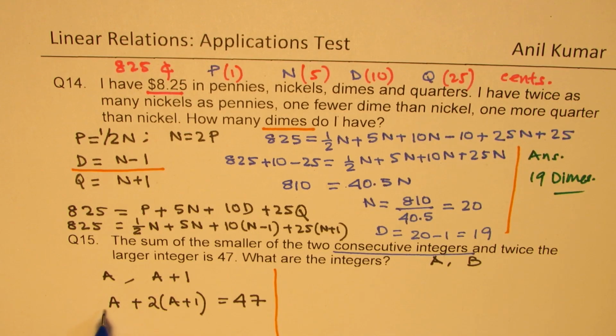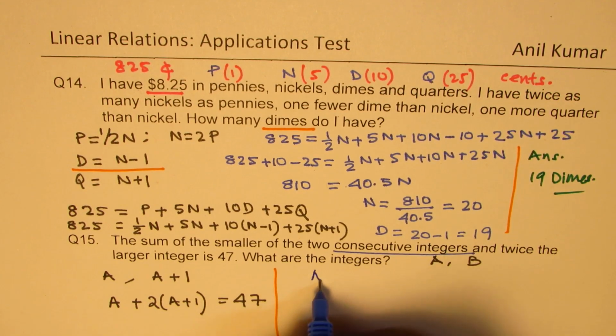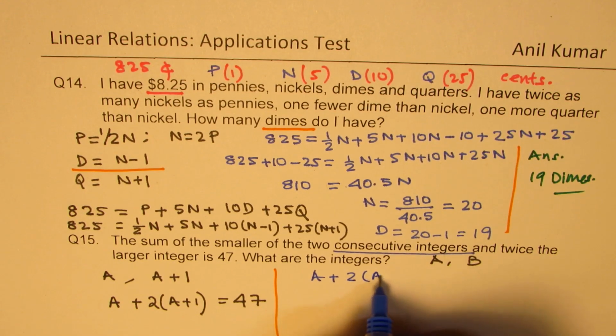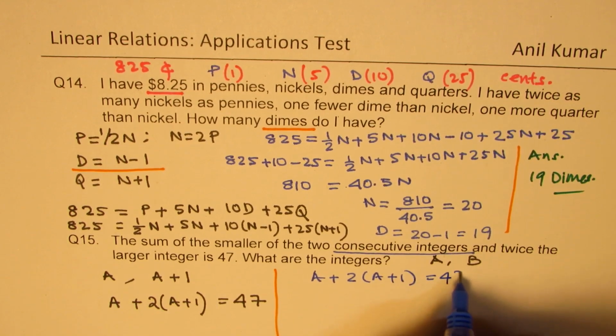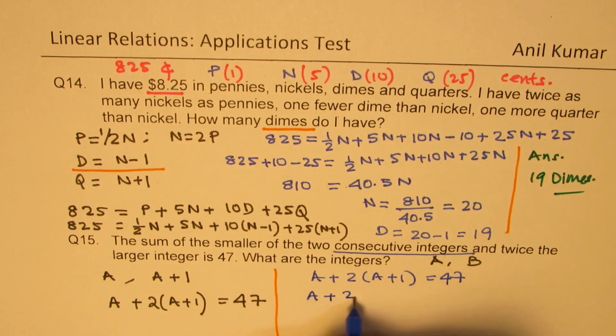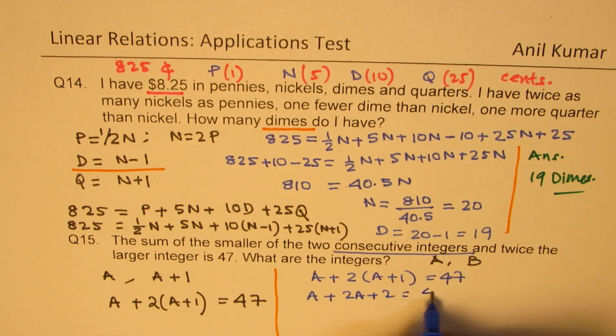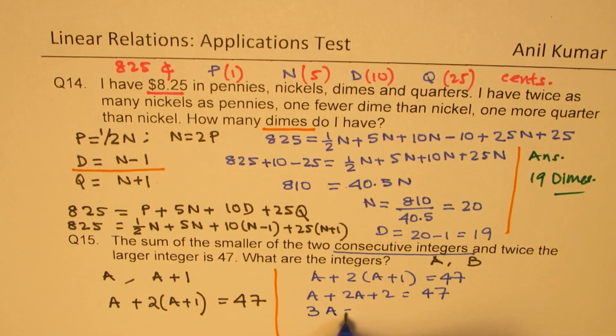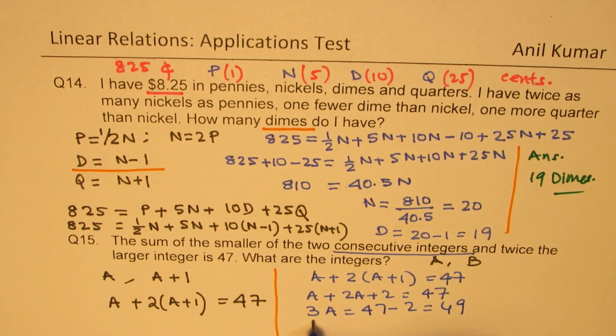Okay. Now let's just add this up. So we have a plus 2 times a plus 1 is 47. When you open the bracket, we get a plus 2a plus 2 equals 47. So take this 2 on this side. 2a plus a is 3a equals 47 minus 2, which is 45.